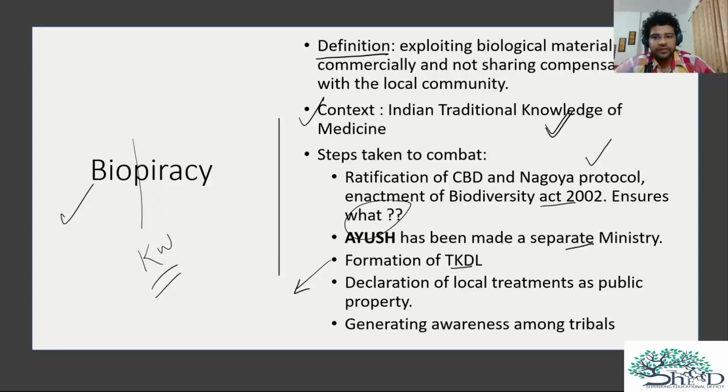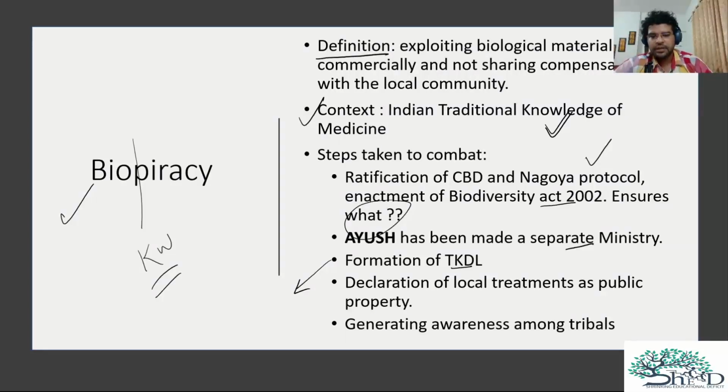What is the benefit of this? This traditional knowledge library is given to every patent office in the world. So if a foreign company steals something from India and goes to their country's patent office and applies for a patent, the patent office in the foreign country will be able to check if such a cure already exists in India.